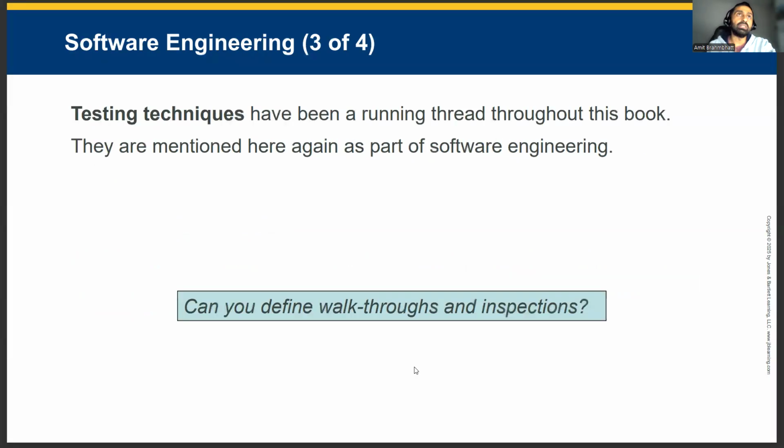Next one is testing techniques. Testing techniques have been a running thread throughout the book. They are mentioned here again as a part of software engineering. It is woven throughout the software development process.